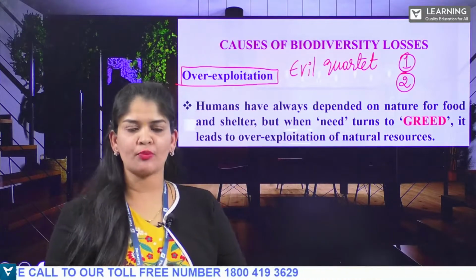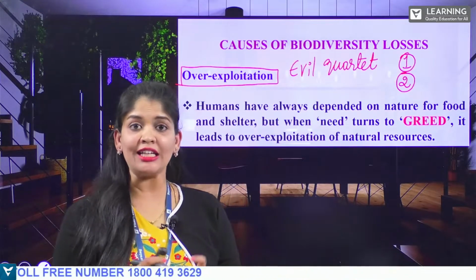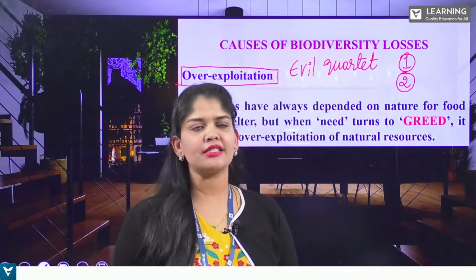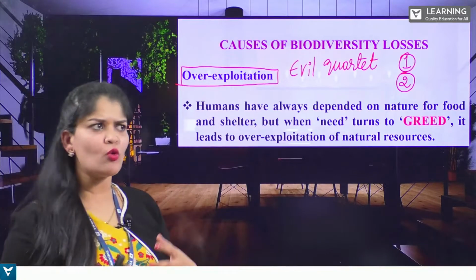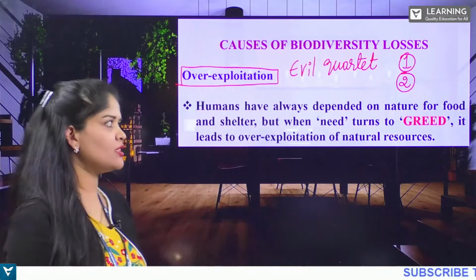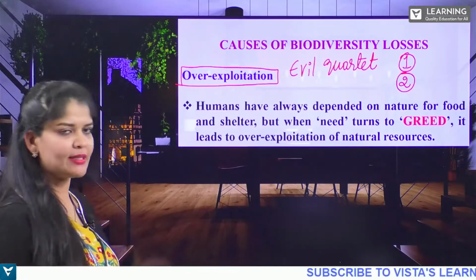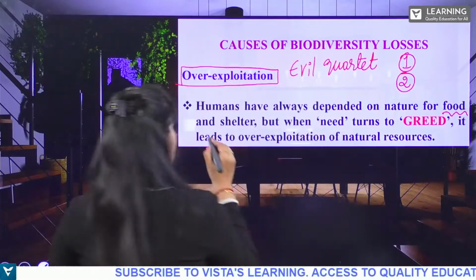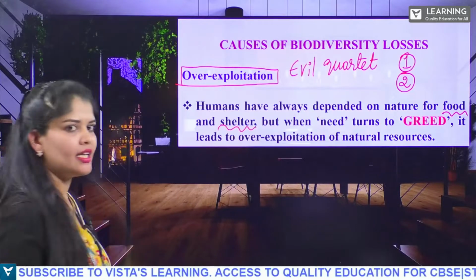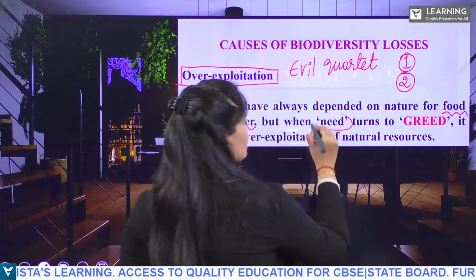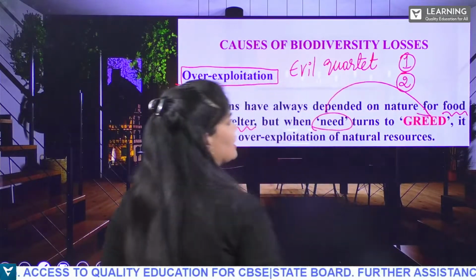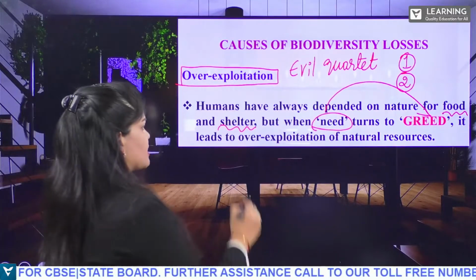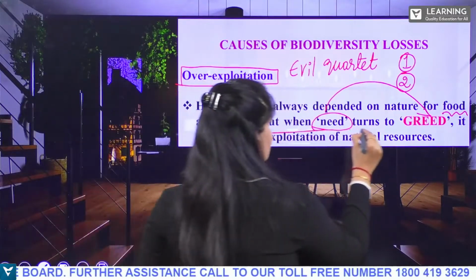If you cross the border, if it leads to disequilibrium, unharmonized conditions, then it is considered overuse, over-exploitation. Humans have always depended on nature for food and shelter, but when need turns to greed, it leads to over-exploitation of natural resources. This is a dangerous scenario.